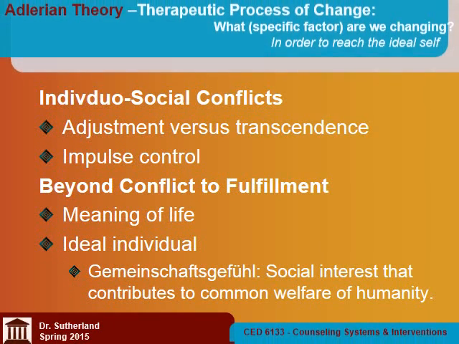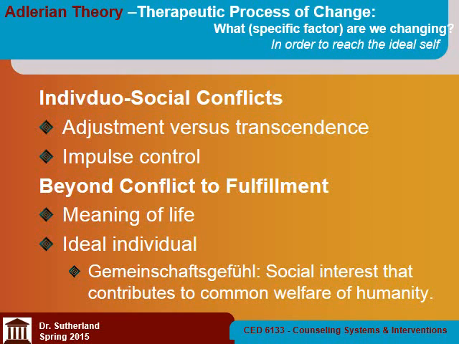In terms of the individual social conflicts, adjustment versus transcendence will be a major focus for her. When we think about adjustment versus transcendence, we are talking about adjustment in terms of overcoming inferiority issues on a personal, intrapersonal level, and at the same time committing to helping society transcend to a more perfect social system.